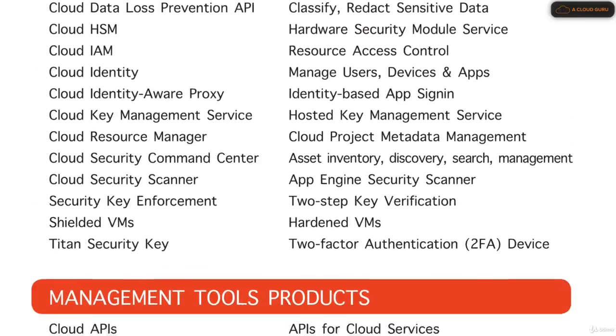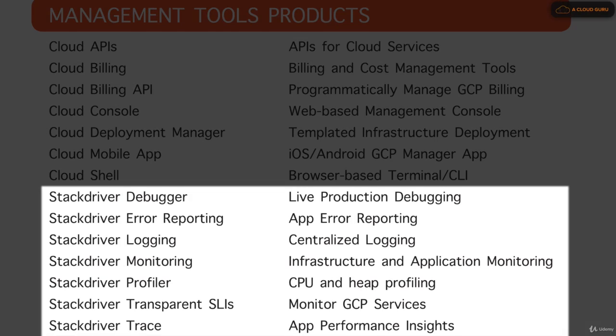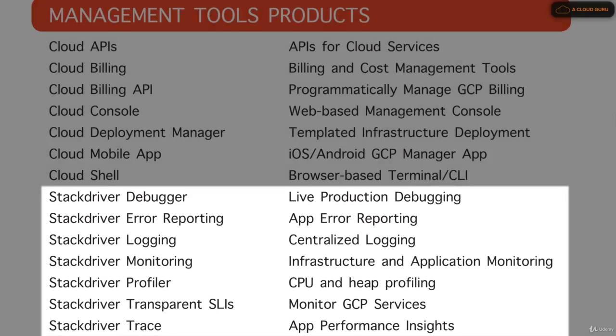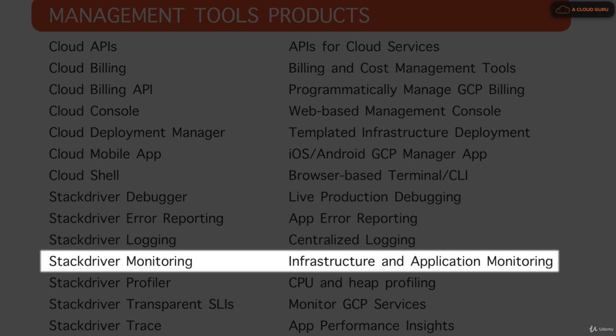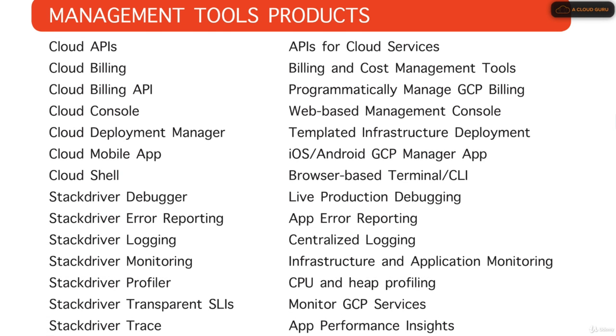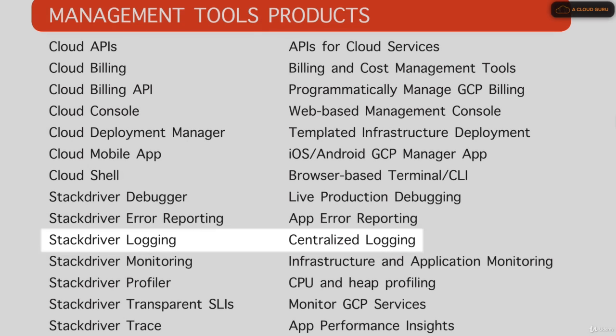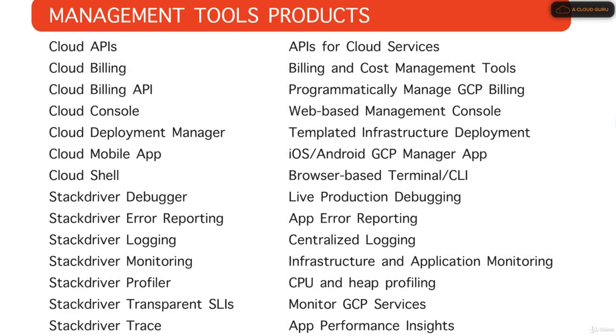Down in the Management Tools section, Stackdriver is an important family of services. Stackdriver Monitoring is infrastructure and application monitoring, so you can watch metrics of what's going on in your system. Stackdriver Logging is centralized logging, so that all the different parts of your system, whether they be microservices or just multiple instances or completely different parts of your system, they can all log to one central place.